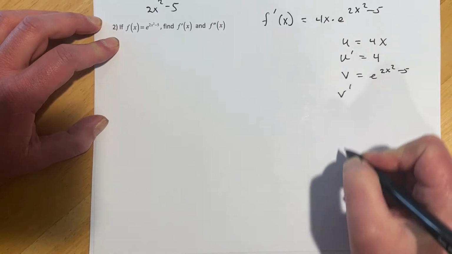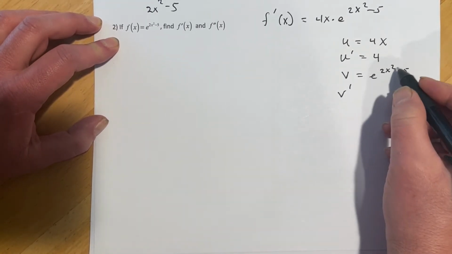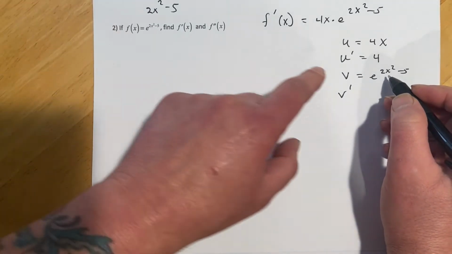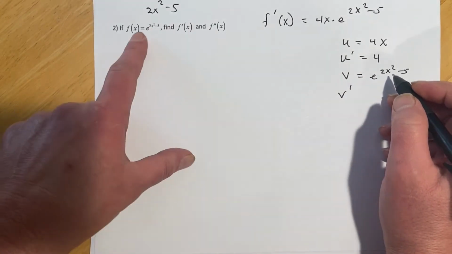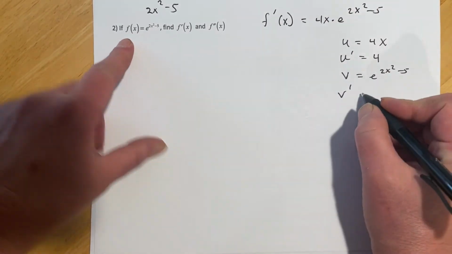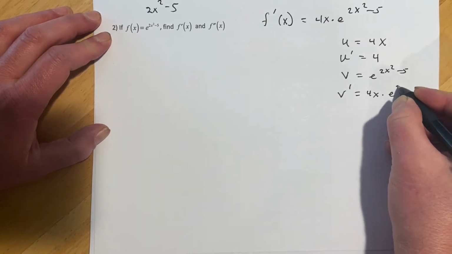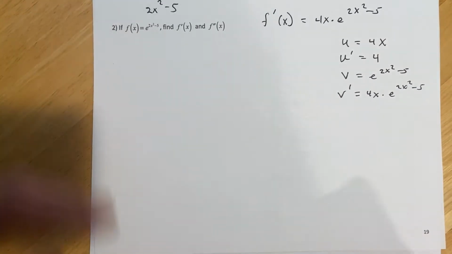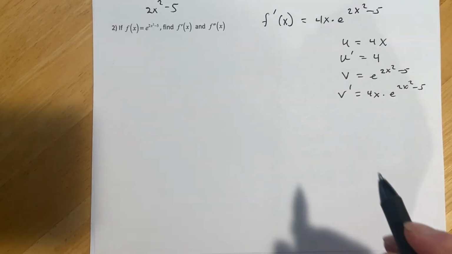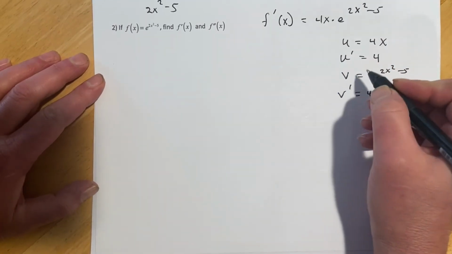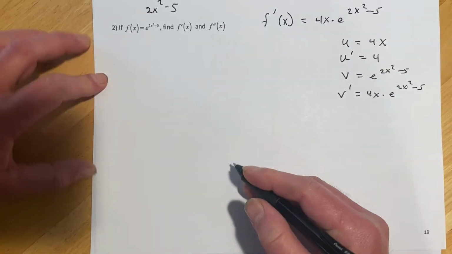And then v prime is going to be the derivative of this piece, which, remember, we just did it. It's right here. This was the derivative of that piece. So 4x times e to the 2x squared minus 5. So now we do our u prime times v, and then plus u times v prime.